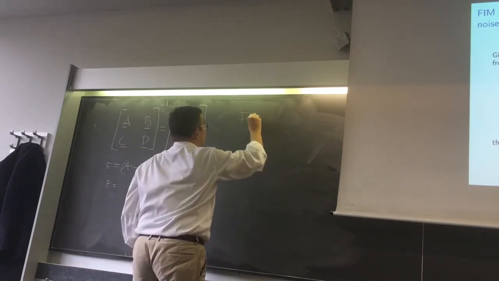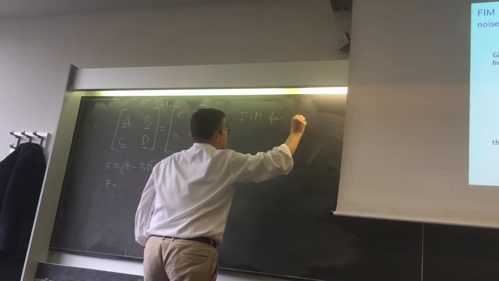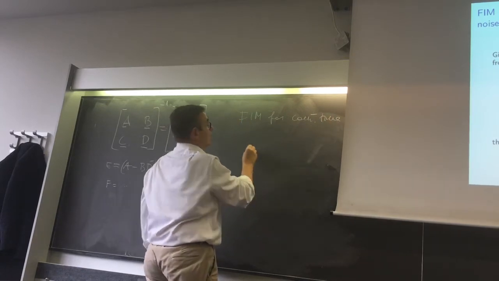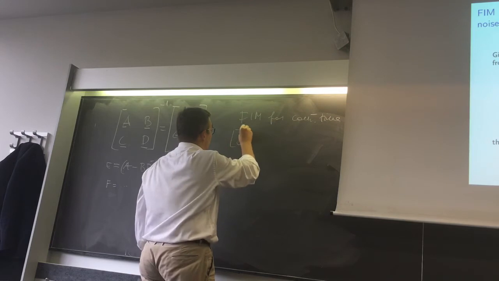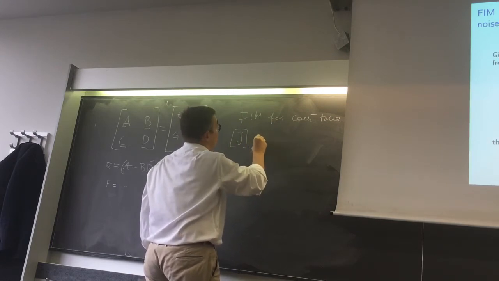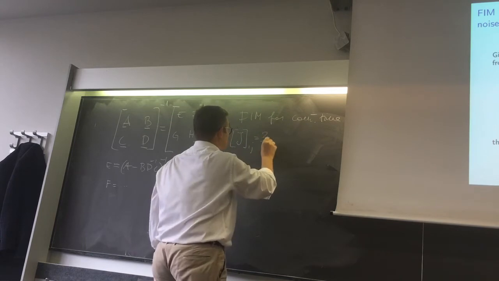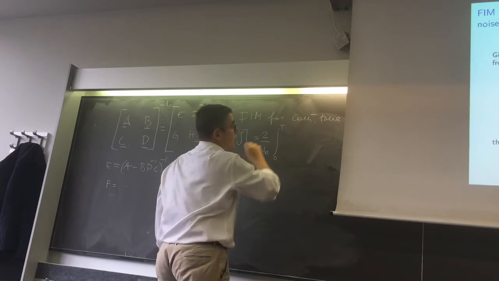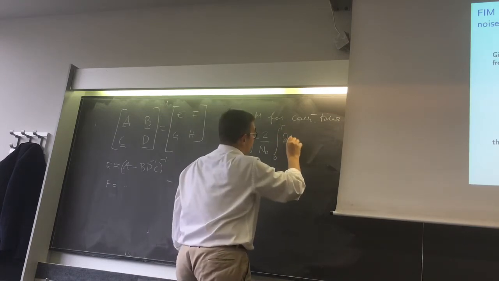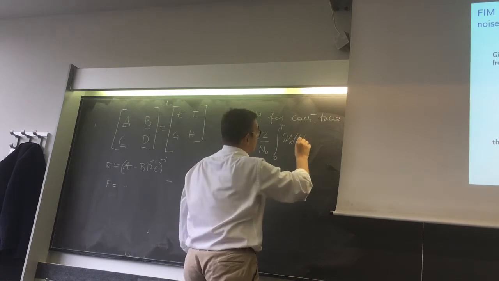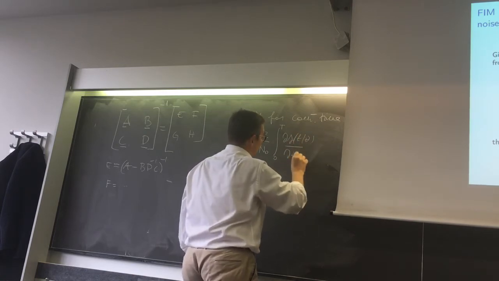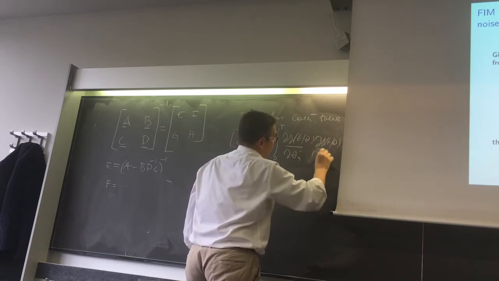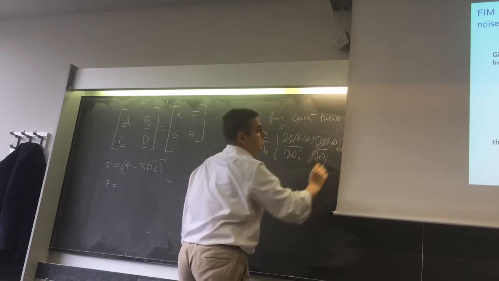So for the Fisher information for continuous time, I have J equal to 2 divided by N0, which is the power spectral density of the noise, times the integral from 0 to T of the derivative of the signal model s depending on the parameter theta_i, the derivative of s with respect to theta, squared, dt.